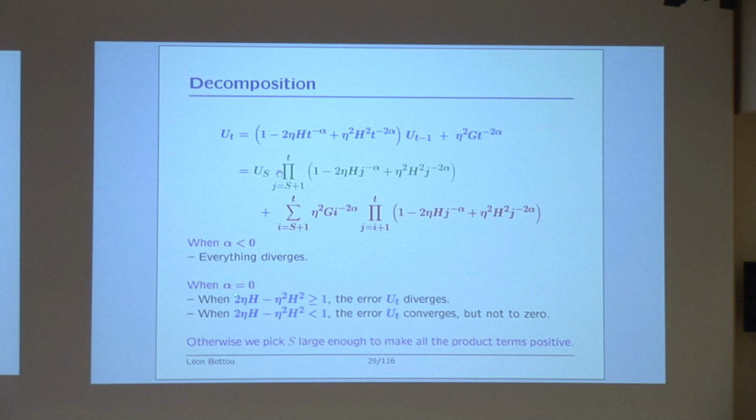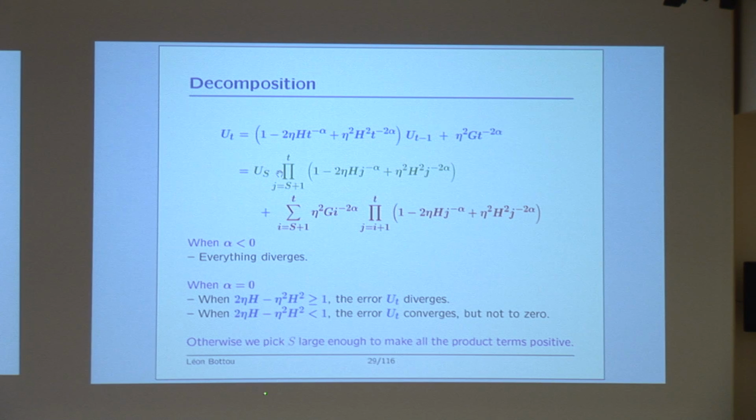When alpha equals 0, meaning that my gain is not decreasing, so it is a constant, and if this constant in absolute value is greater than 1, the thing diverges. If it's less than 1, this first term is going to go to 0, and the second term actually is not. I'll leave that as an exercise. It's not too mean.